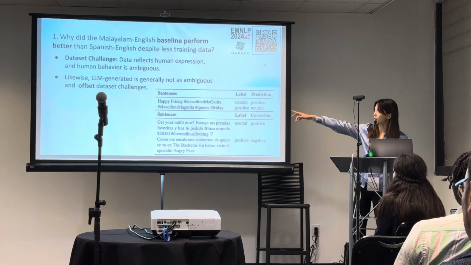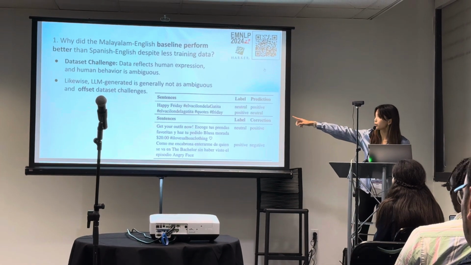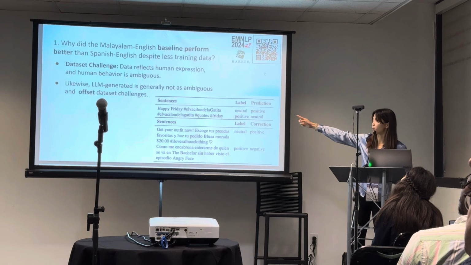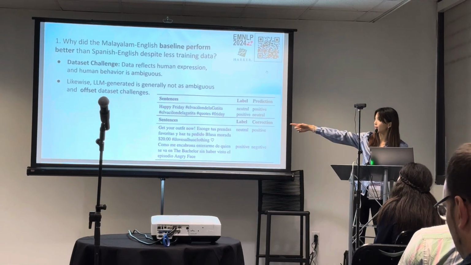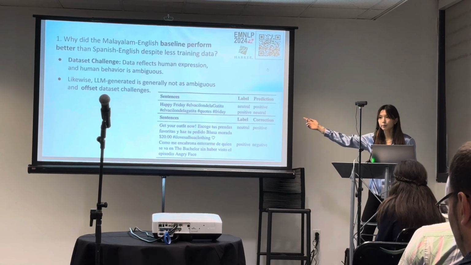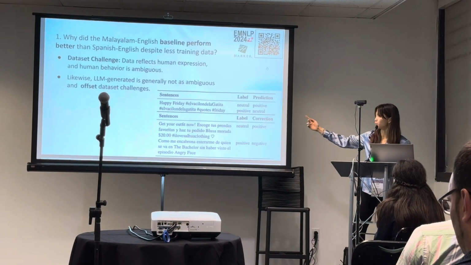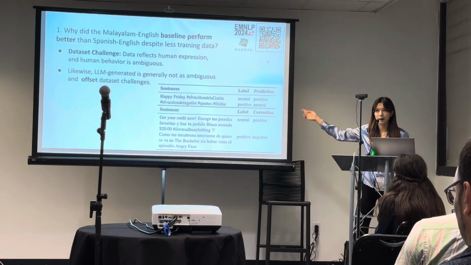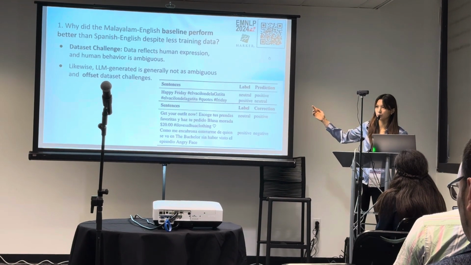And so, for example, the sentence "Happy Friday" was labeled as neutral by humans, but it was predicted as positive. And then a similar tweet that just says #Friday was labeled as positive, but predicted as neutral. And ultimately, some people might agree more with the LLM prediction than the human label.